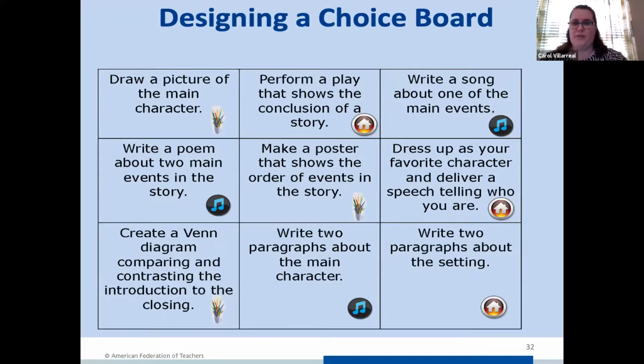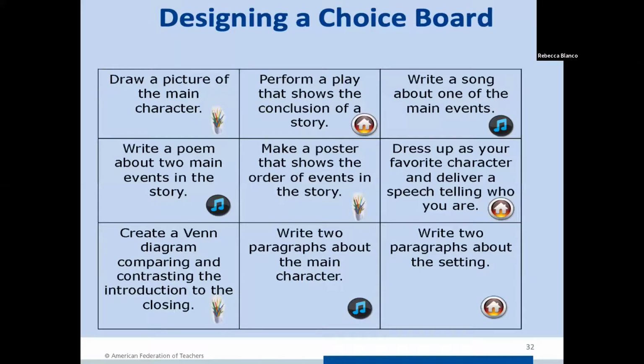Now, do you think this is considered a differentiated choice board based on using the icons? I see Lisa, Tammy, Samantha, Jade, A. Riley. They're all giving you a thumbs up. Robin's giving us a thumbs down. Helen's giving us a thumbs up.